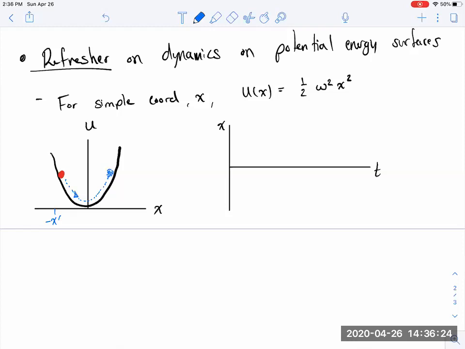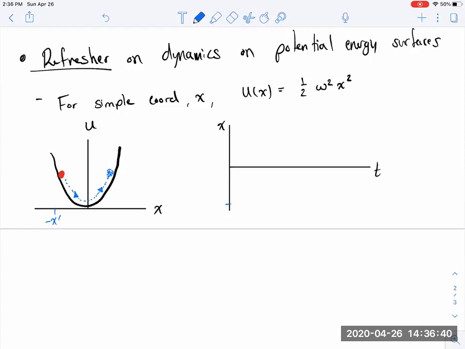So I'd have some initial decrease in x as it moved towards the minimum of the potential before it increased up, and then that, because of conservation of energy, would fluctuate about forever.